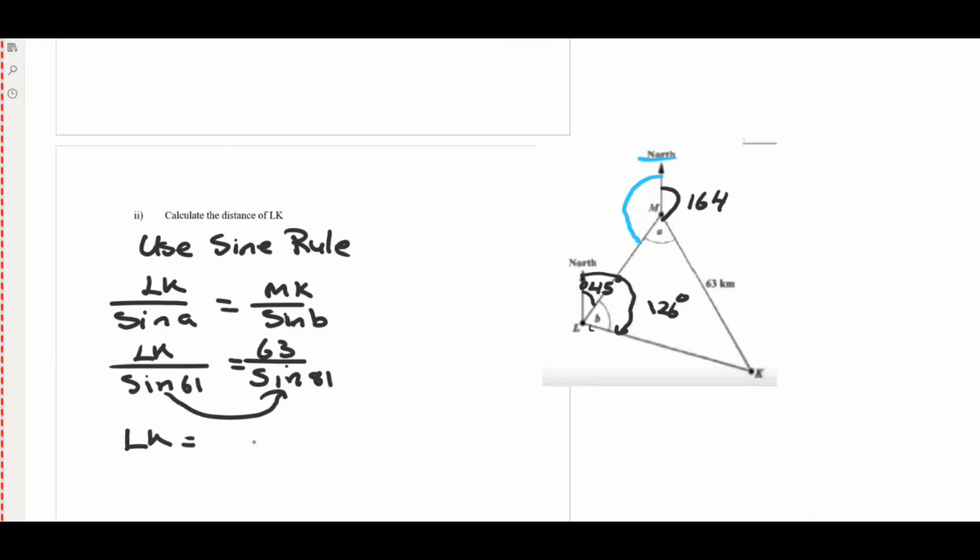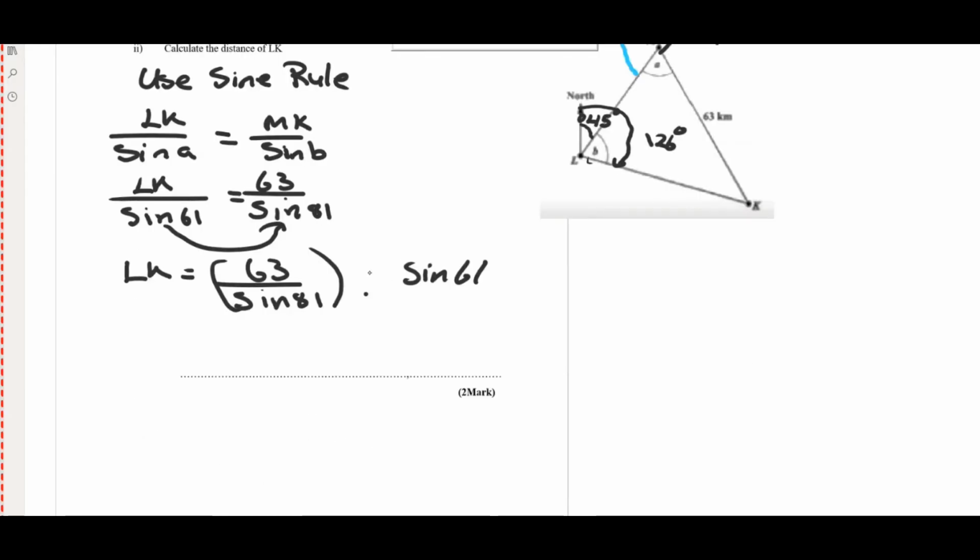So LK is equal to sine 63 divided by sine 81, multiplied by sine 61, so LK is equal to 55.79 kilometers to 2 decimal places. And that would be your answer for this question.